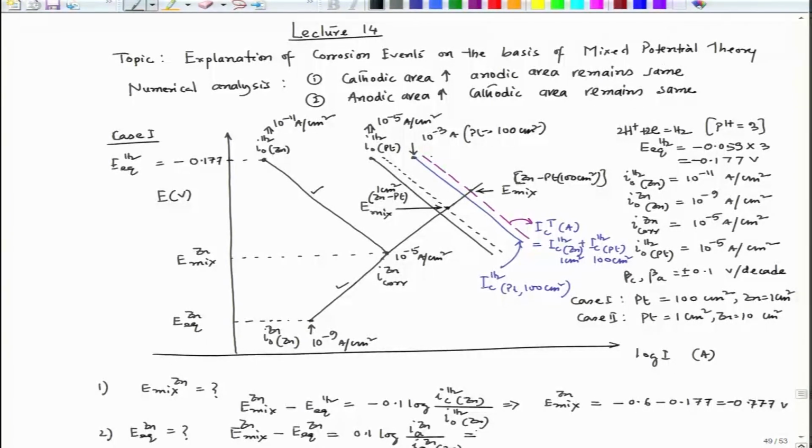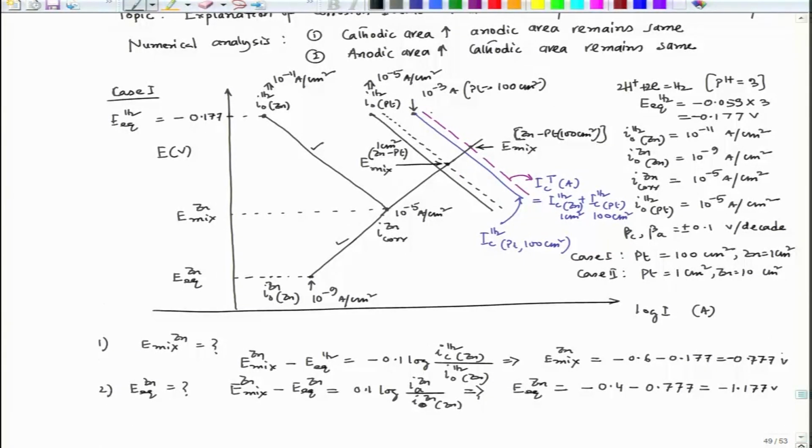So E equilibrium zinc would be equal to minus 0.4 minus 0.777 equal to minus 1.177. So that will be the value, volt.